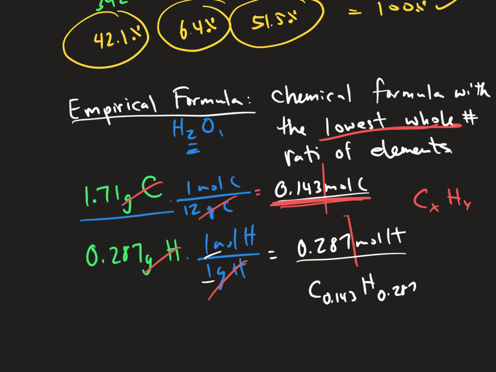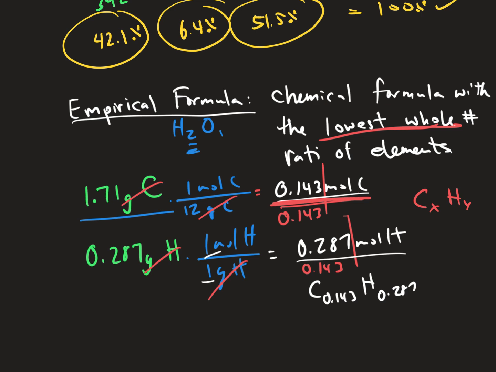You're right. So we're going to divide both elements by 0.143. Why should we do both of them? You're right, but I'm trying to help everybody understand. It's not just people who think like Veer.